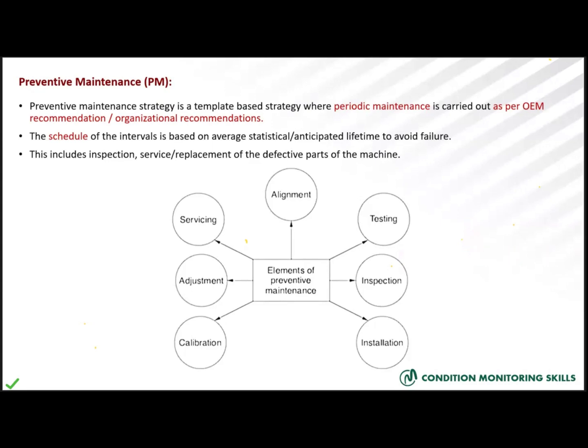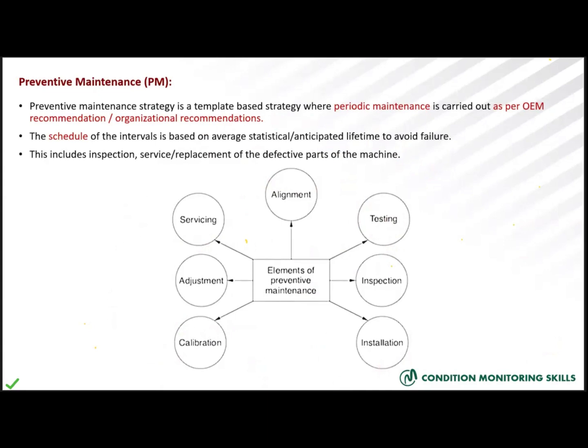So what are the actions of preventive maintenance? Any regular inspection is preventive maintenance. Cleaning, lubrication, changing oil, replacing parts before they fail, alignment, servicing, calibration, all of this is considered a preventive maintenance approach.